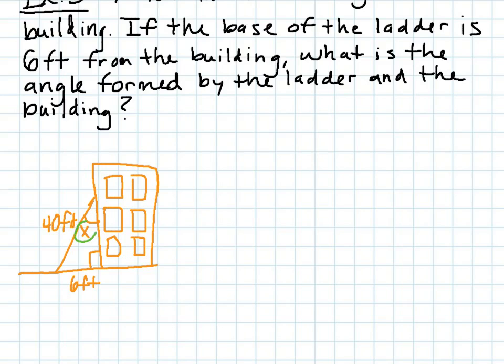I want to find x, so I need to use my adjacent, opposite, and hypotenuse thoughts here to find x. Since I have the opposite side and it looks like I have the hypotenuse, I would want to use sine. So sine of x equals opposite over hypotenuse, so 6 over 40.